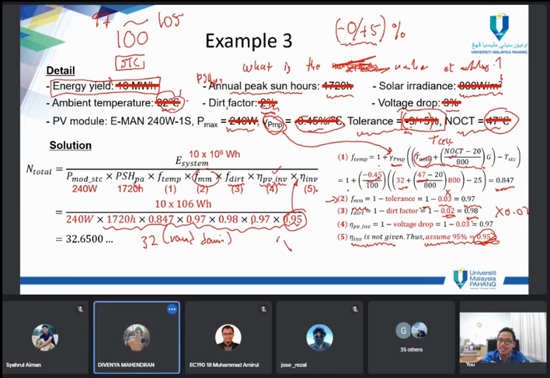Same concept with the first one, same as reduce. Okay. Nak dengar pendapat lain lagi. Farhana. Yes sir, round down juga. Sebab alasan yang sama, sama dengan 1 dan 2.